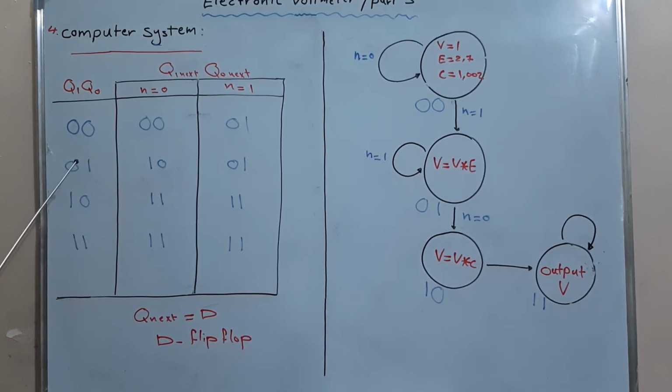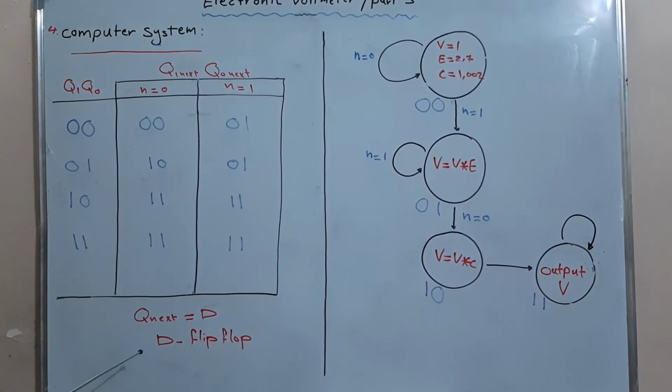The second state will go to the third state when n is equal to 0, and will return to itself when n is equal to 1. The third and the fourth states will go to the fourth state, whatever the value of n is.